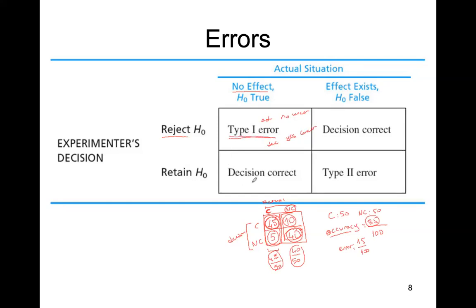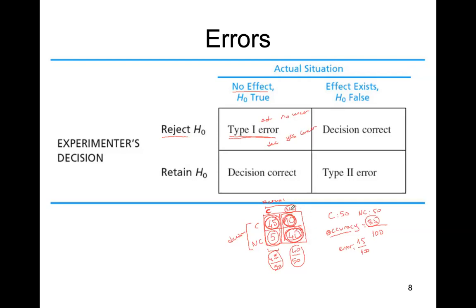What is type 1 error rate here? Actually, no cancer, but I say yes, cancer, right? So actually, it is not 10%, right? Type 1 error, I know that there are 50 people.